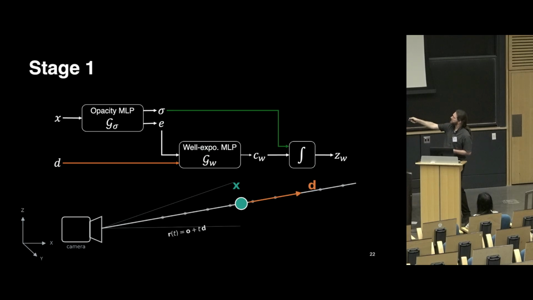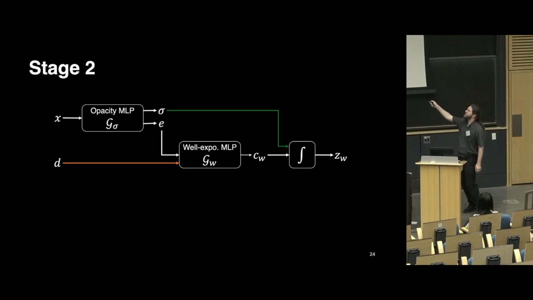It receives both the exposure, the position that you are in, and the direction, and it says the color at this specific point in space should be this. You do this for all the points along the ray, you integrate, and that gives you the color that you should get at this pixel of your image.